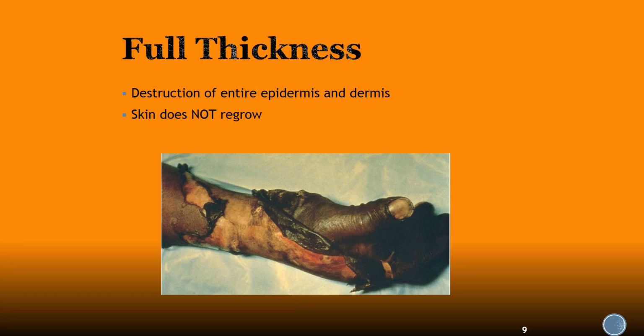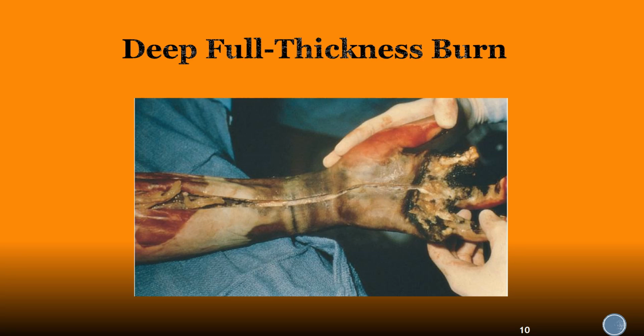It can be anything from white, yellow, deep red, brown, or even black. The deepest full thickness, the deep third degree burn, can go right through the muscle and sometimes even to the bone.